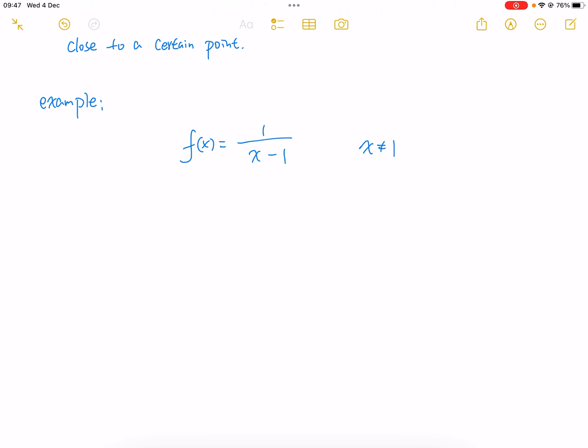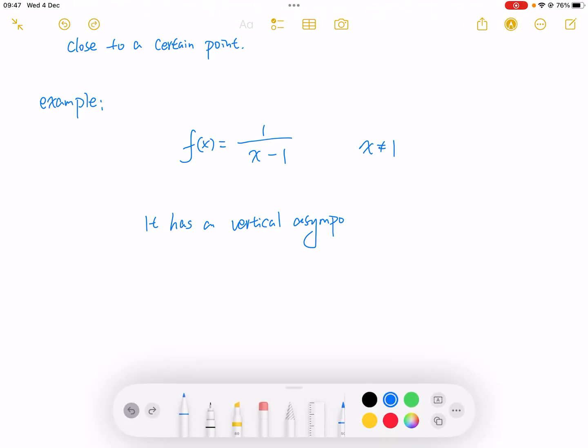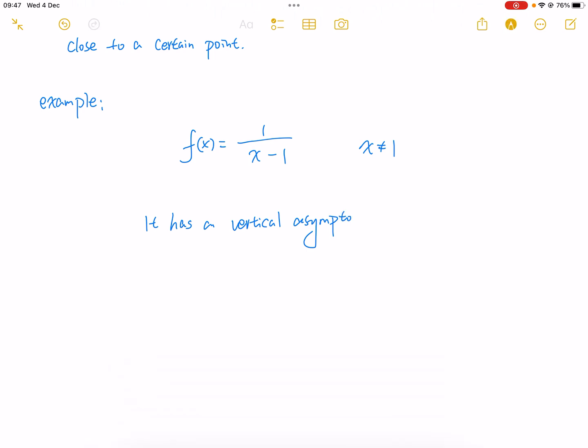So in this example, the function f of x, 1 over x minus 1, has a vertical asymptote at x equals 1.